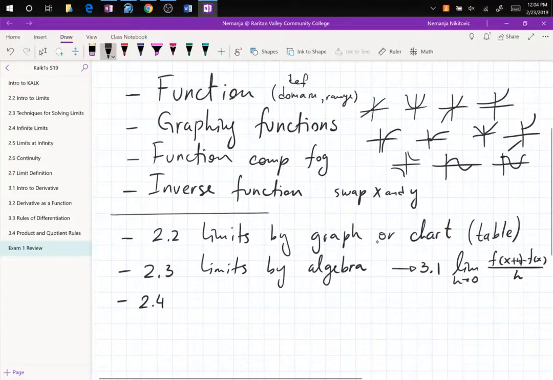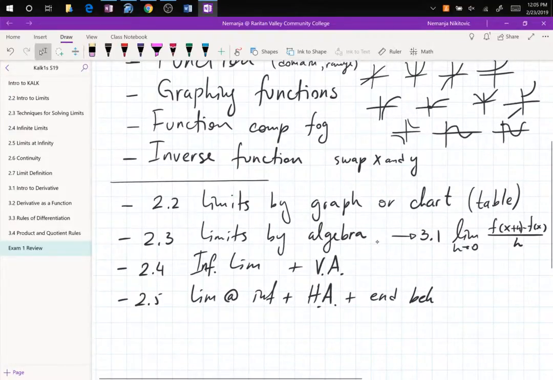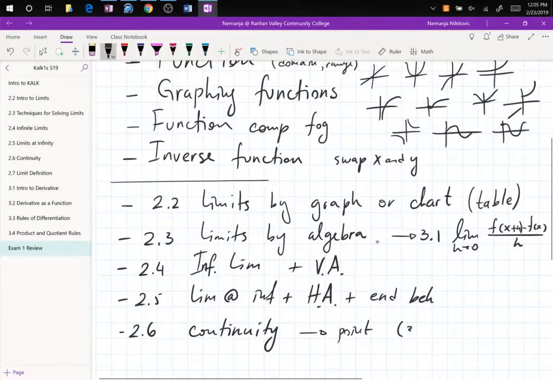2.4, infinite limits plus vertical asymptote. 2.5, limits at infinity plus horizontal asymptote plus end behavior. 2.6, continuity, which goes into point, which is the three rules.